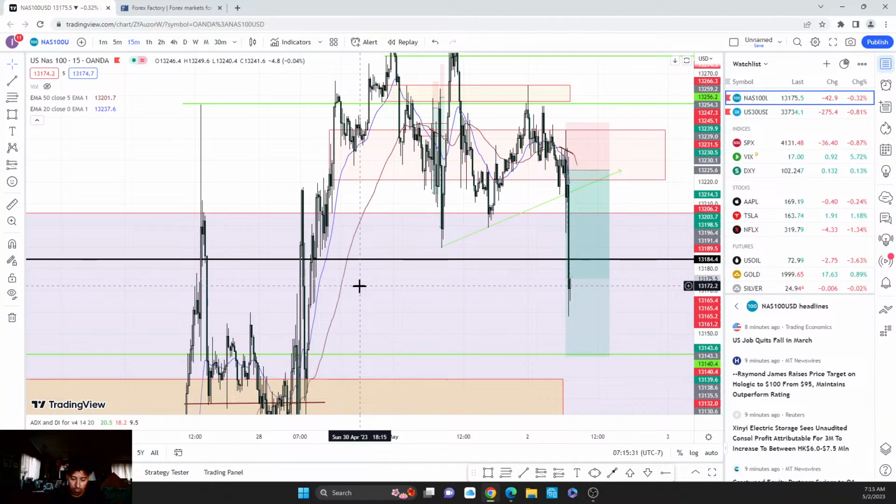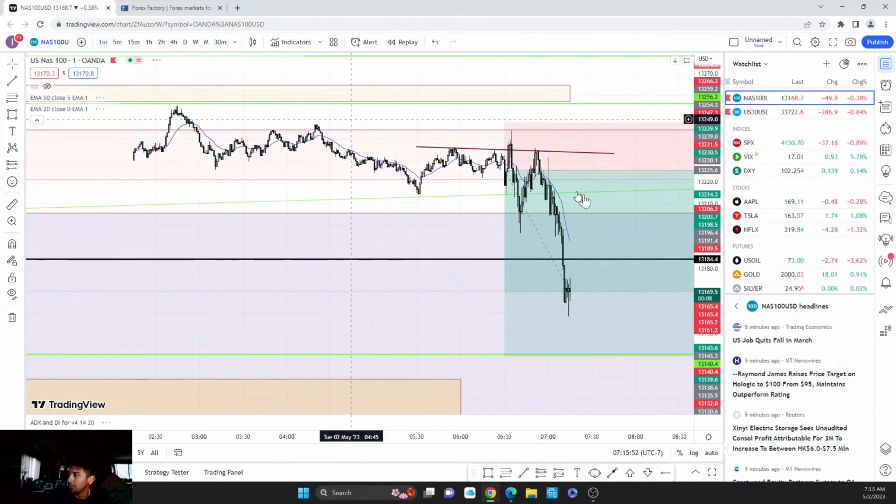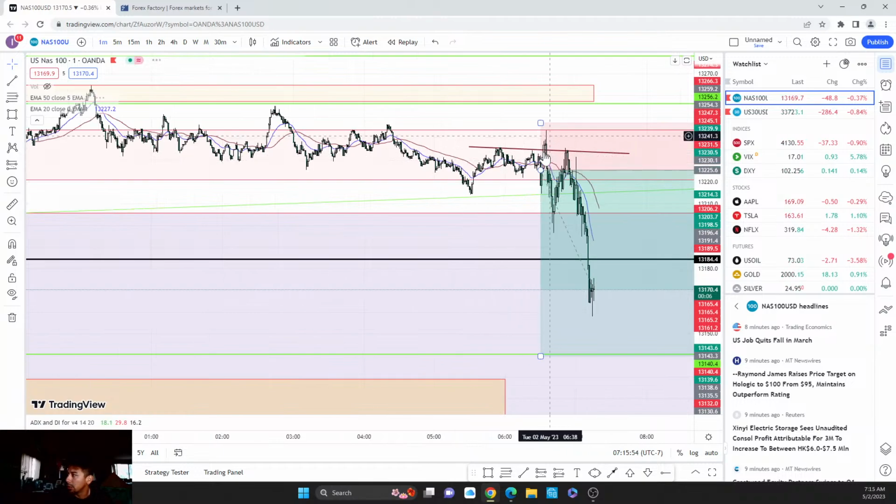I got $4 a pip running right now. You know what? Structure is really not allowing me to put, you know, like if we were in the trade up here, we could put our stop loss up here.